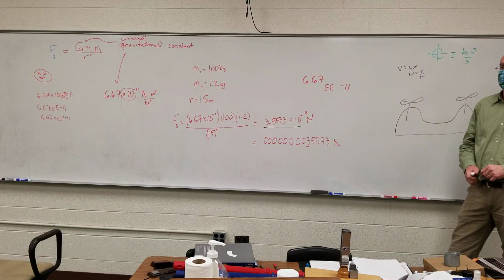All right, let's do another one of these, a little bit more complex calculation. It's still a plug and chug, but another place where people mess up. Let's do the gravitational force between the Earth and the Sun.